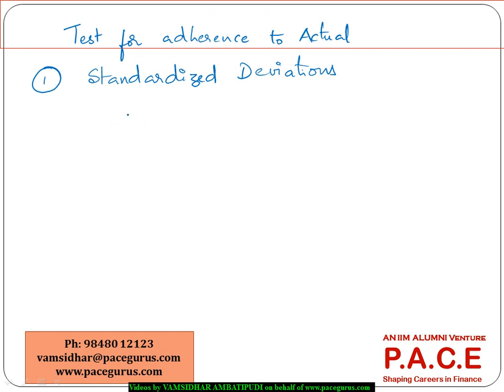Depending on whether I have used a Poisson distribution to estimate the graduated rates or a binomial distribution to estimate the graduated rates qx naught, I would be using a standardized deviations test. For each age, I am looking at the actual or observed number of deaths at this age minus the expected number of deaths.